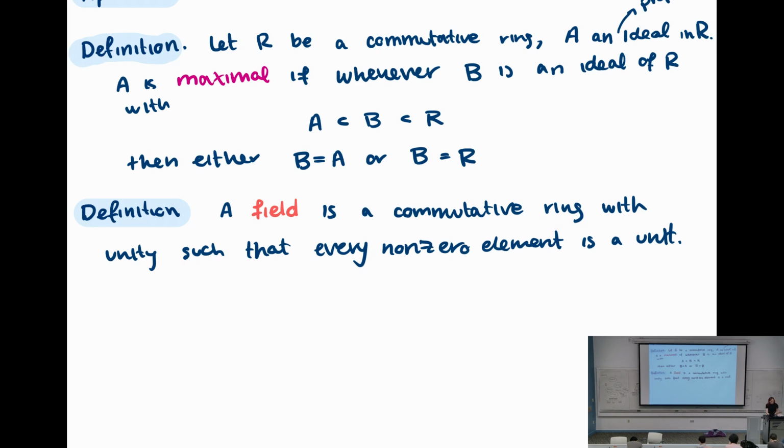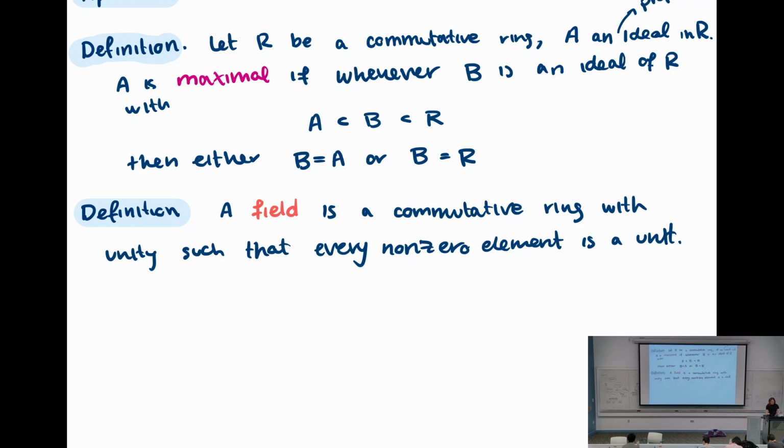Okay, so that's what a field is, and the way that I think about this is that a field is a ring where you have the power to add, subtract, multiply, and divide. And you have a multiplicative identity and an additive identity.